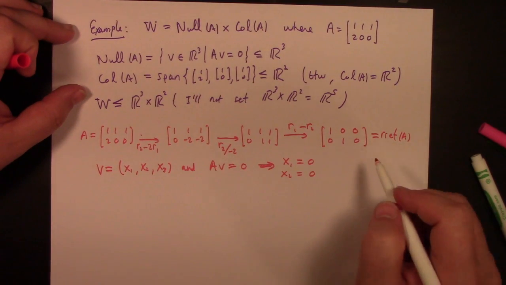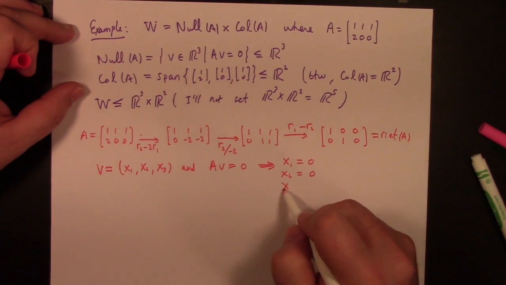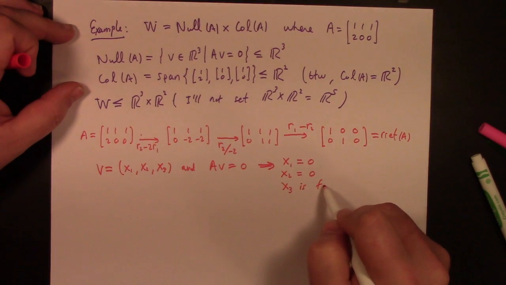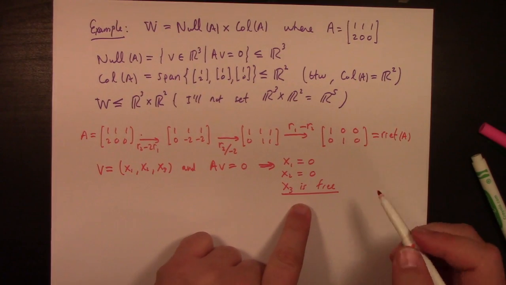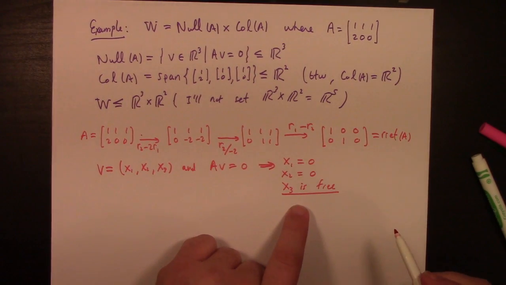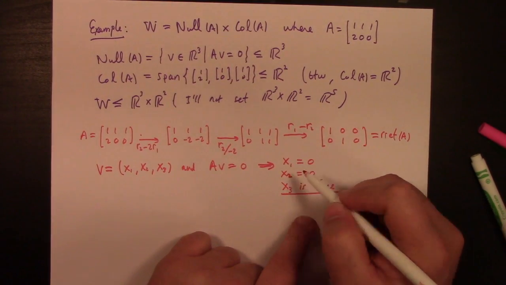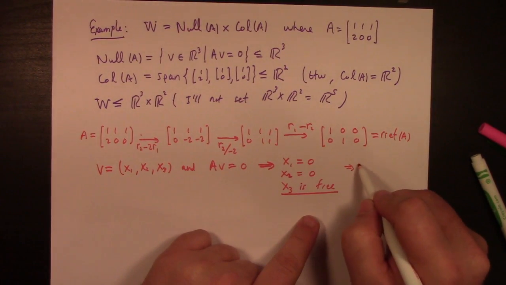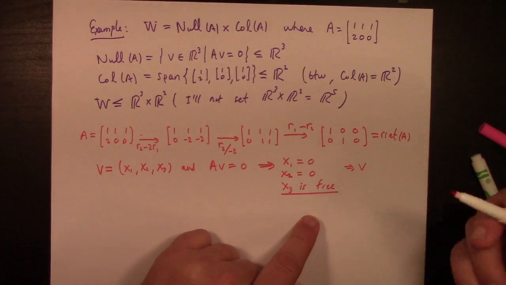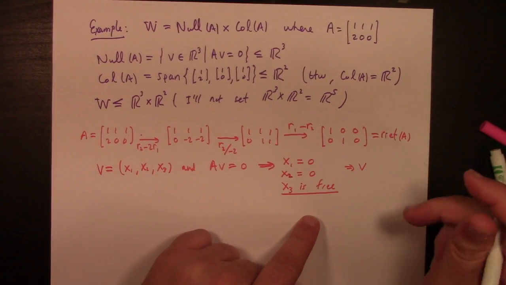So that's kind of a boring example, but it's instructive too, because x3 is free. That's important. Students have a tendency to set x3 equal to 0 in such a situation, which is, oh, so unfortunate, because it's not 0. It's totally free. In other words, you're, what's the word here?